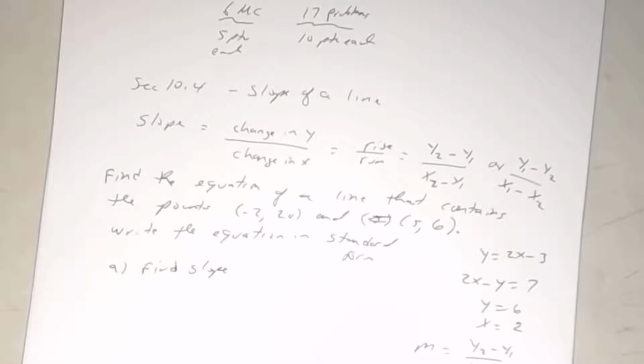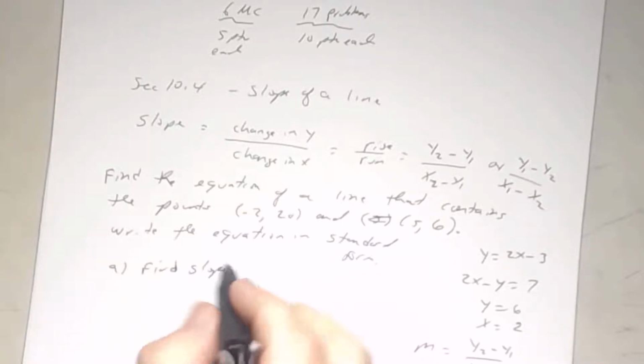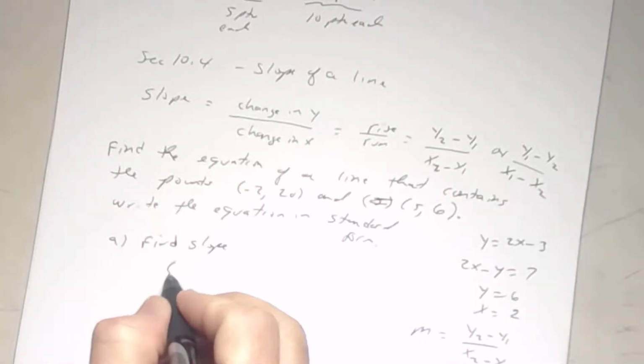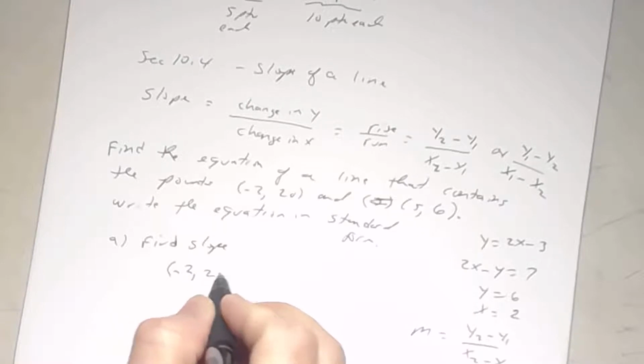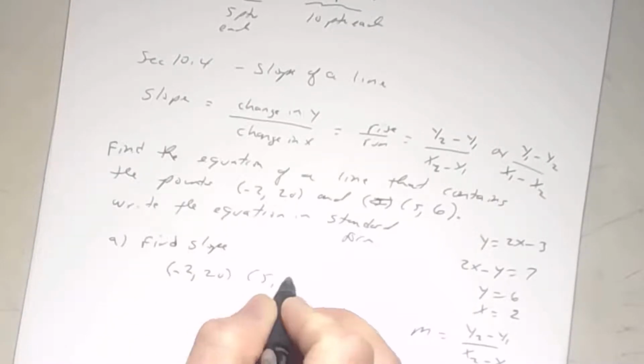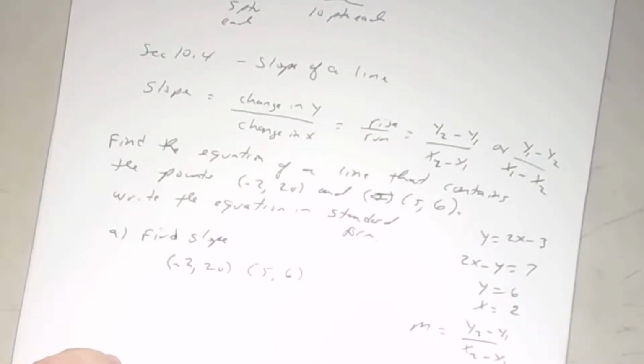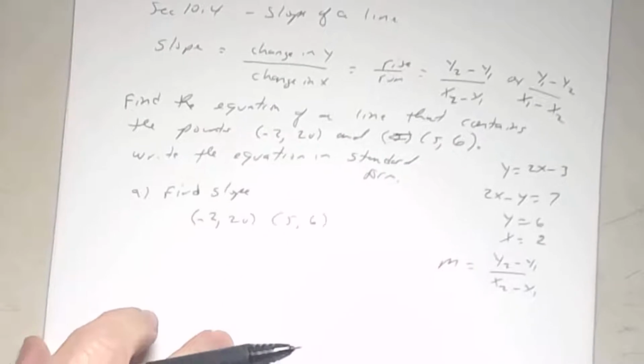All right, now I'm going to rewrite the points. And what are the points I'm looking at? (-2, 20) and (5, 6), right? One of the things you may want to do, and it's also stated in the videos, is label those points using the y2, y1, and so on.